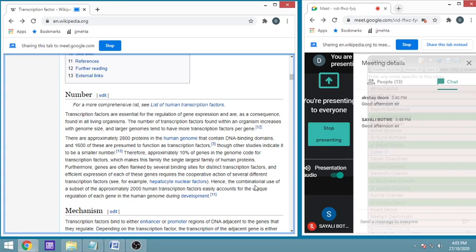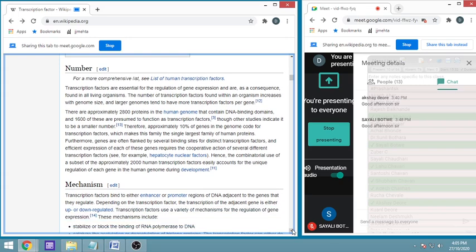The genes often have several binding sites for distinct transcription factors, and efficient expression of each gene requires the cooperative action of several different transcription factors. For example, in the case of hepatocyte nuclear factors, we need multiple transcription factors. So combinations are used, like 1 plus 1, 1 plus 2 or 1 plus 3.